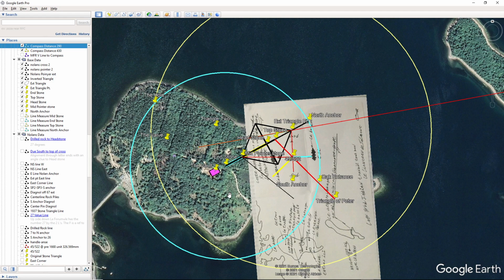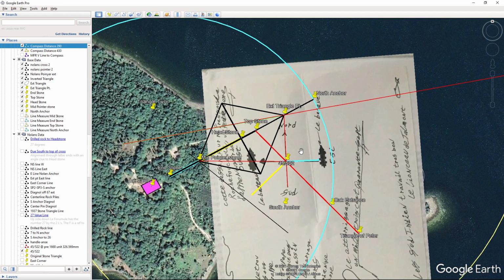So it's really interesting. I always wondered why that was offset and it wasn't perpendicular to north, because it wouldn't hit the extension triangle if it did, but it is now going through the extension triangle.